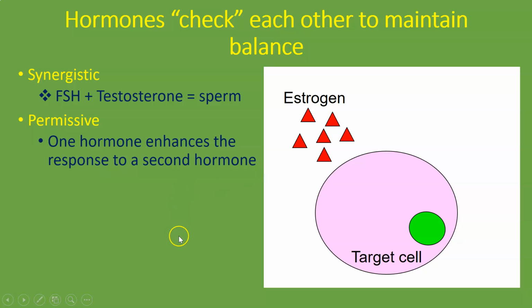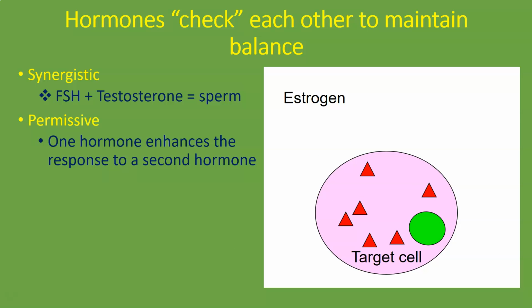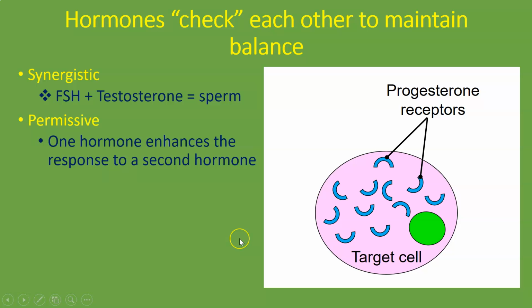In a permissive relationship, one hormone is going to enhance cellular response to a second hormone that's going to follow later. We talked about this already with estrogen and progesterone, and here's how it works. So we've got estrogen represented by red triangles. During the first half of the female sex cycle, it's going to enter target cells, and it's going to stimulate a metabolic change in the target cell to develop more progesterone receptors on the cell surface.